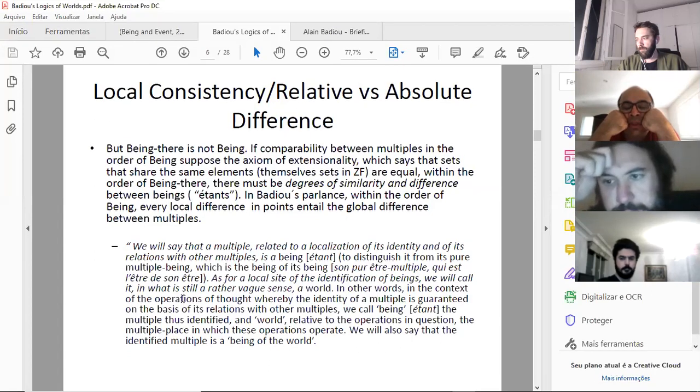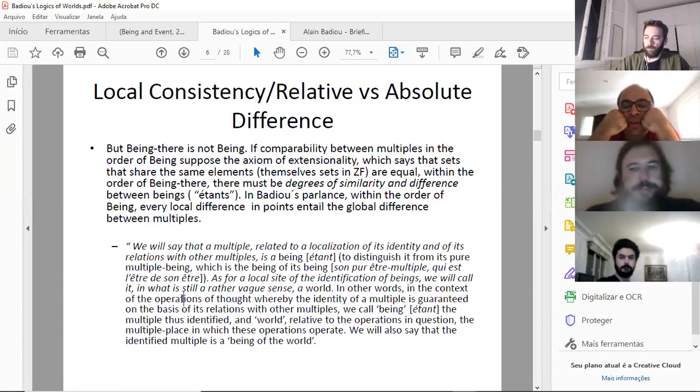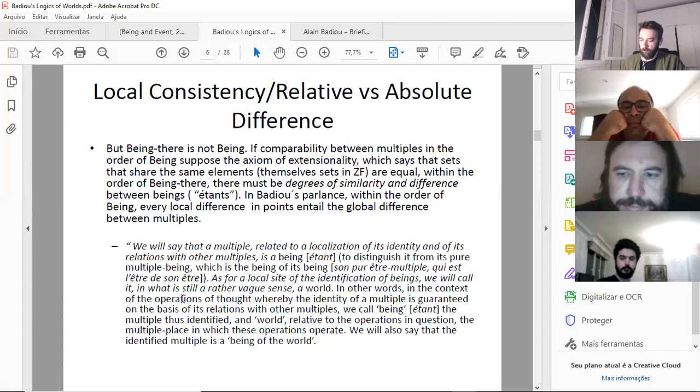Like an axiom, this is really the result of the axiom of separation, that every multiple is a multiple that is already there. We cannot talk about beings that actually come to being as a result of the declaration of their being. They have to be there.